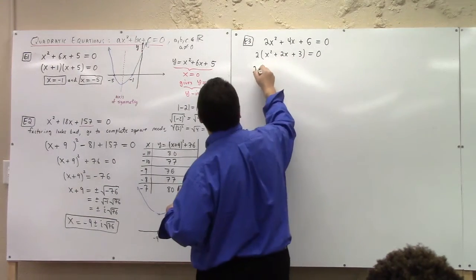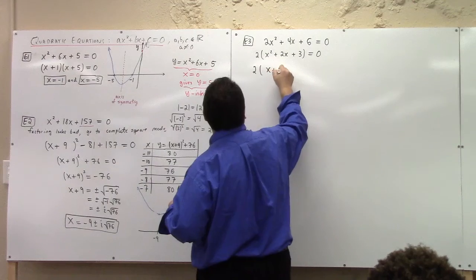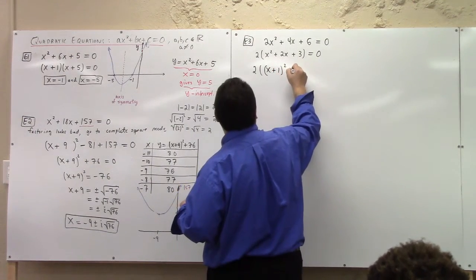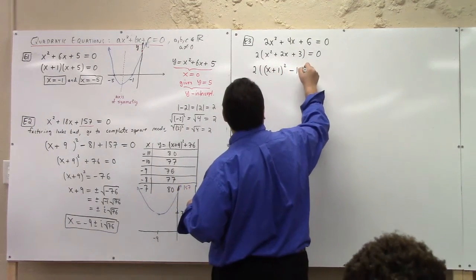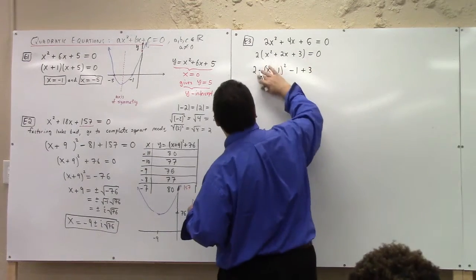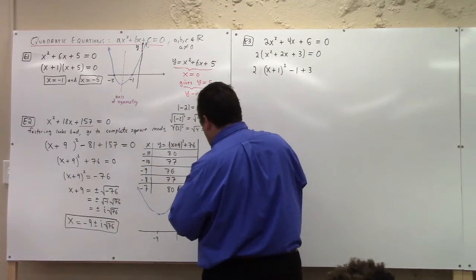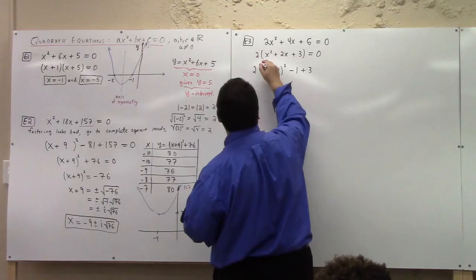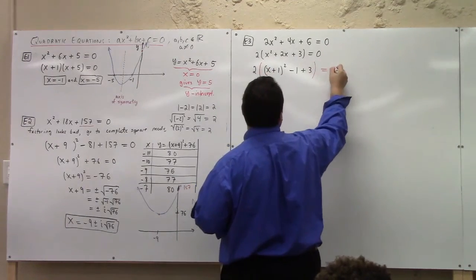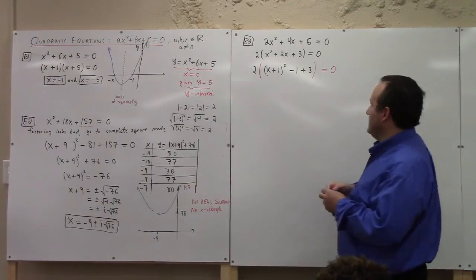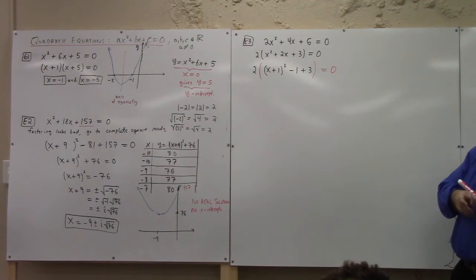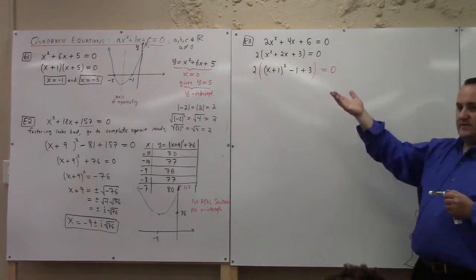So we have 2, and then we do x plus 1 squared. And then I have to subtract 1 squared, which is 1. All that happens inside the parentheses, which I'll make red here. Notice that you can just divide by 2.